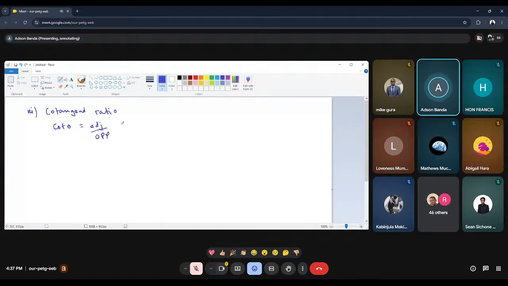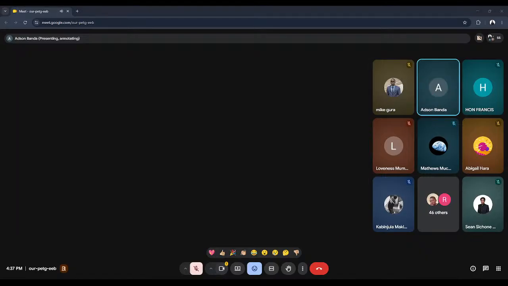So adjacent over opposite, if we can still remember our triangle, this is going to be equal to B over A. But we also note that the cotangent of theta is the same as 1 over the tangent of theta. So it's the reciprocal of the tangent, and we found the tangent to be A over B, so that is what will give us B over A.